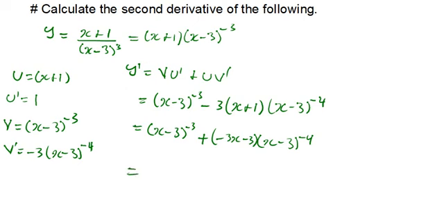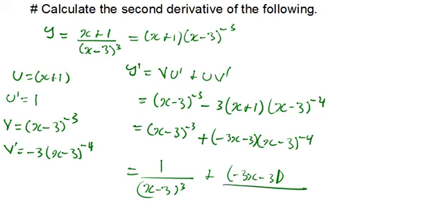Okay, so I can express this as 1 over (x - 3) to the power 3, plus -3(x + 1) divided by (x - 3) to the power 4, like that. So I have to express that as a single fraction.